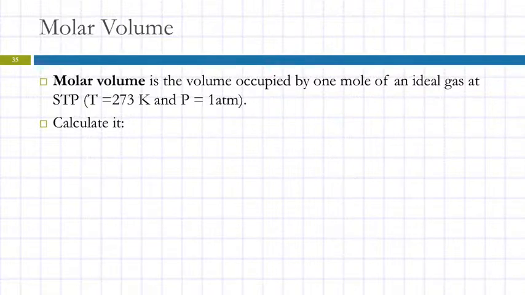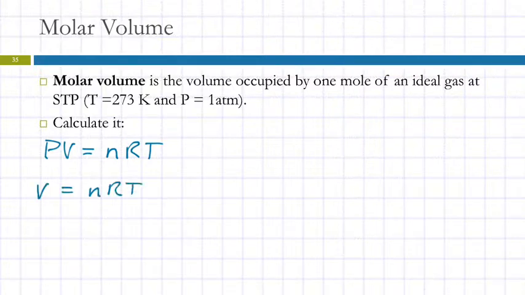Because we've got temperature and pressure, and we have n because we're saying, well, what's the volume of 1 mole? Well, PV equals nRT. We can rearrange that for volume. Volume equals nRT divided by P. Well, n is 1 mole.